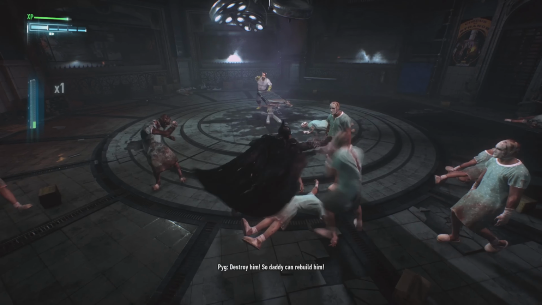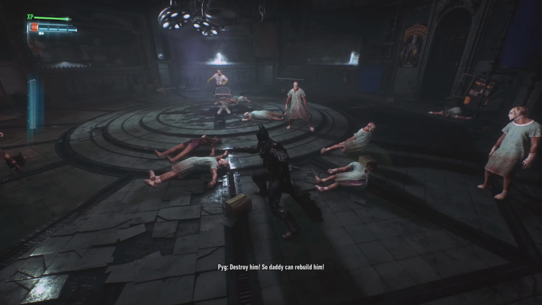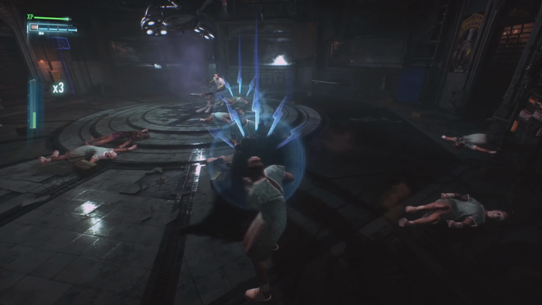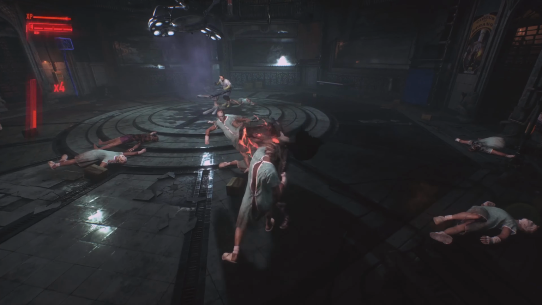Destroy him so Daddy can rebuild him! Happy pig, glad. Pig gets to play with flesh, make it look pretty after death.